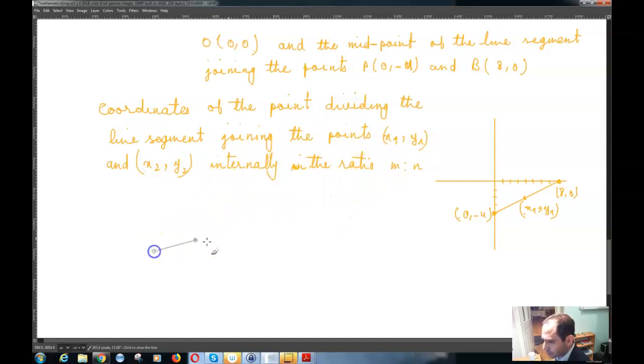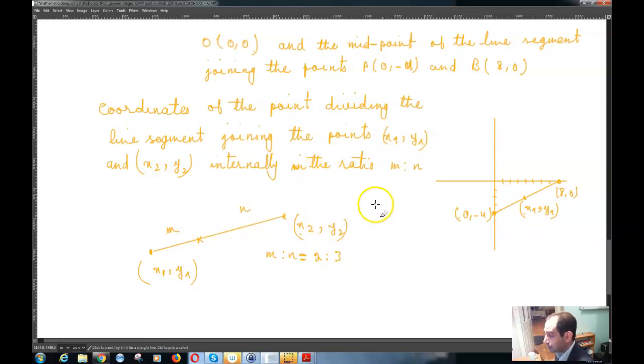For example, let's say that you have 2 points over here. Let's say that this is x1, y1, and this is x2, y2, and internally there's a point over here that is dividing the segment in the ratio, for example, m to n, say 2 to 3.